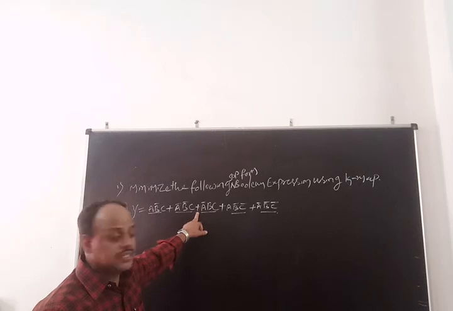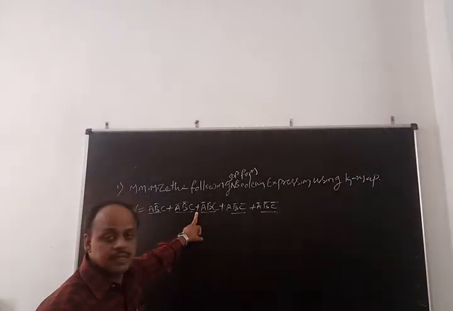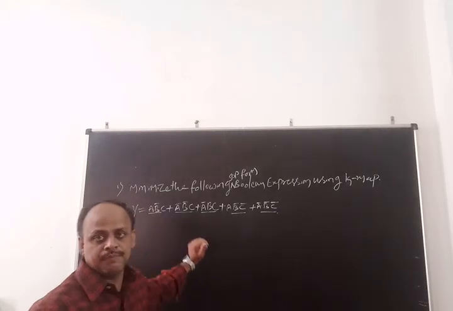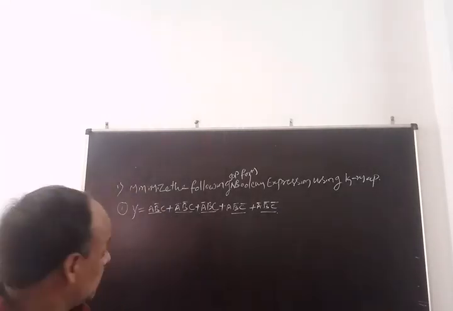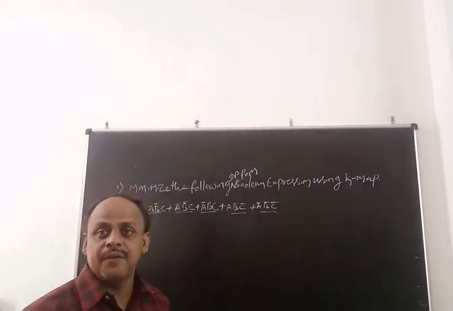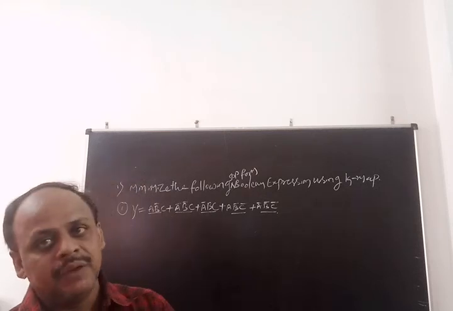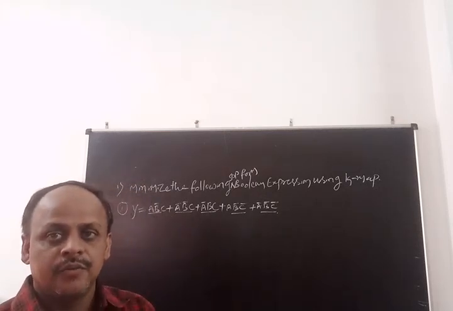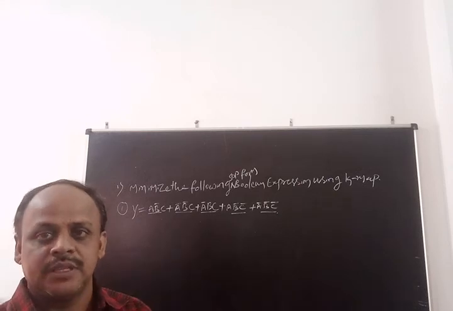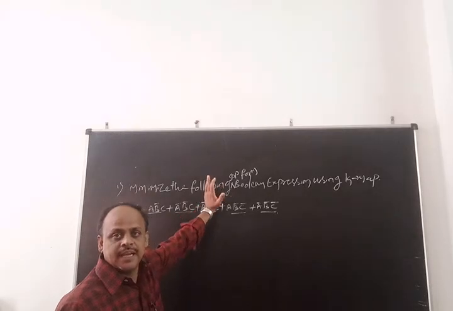So this is called sum of product form. Before solving, we have to observe the given Boolean expression and decide whether it is SOP form or POS form, because for SOP form one procedure is there, for POS form another procedure is there. So today we are going to discuss SOP form expressions.